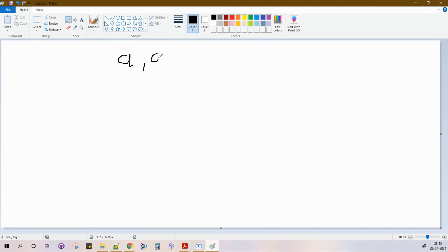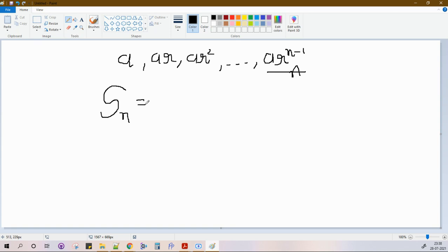First term a, then I'm having some multiplier, ar, then ar square, up to the nth term, which is ar to the power n minus 1, if you want to generalize this, with exponents 0, 1, 2, 3. So this is the nth term, right? Nth term is defined something like this. Now, if I want to take the sum, the summation of a geometric progression is defined something like this.